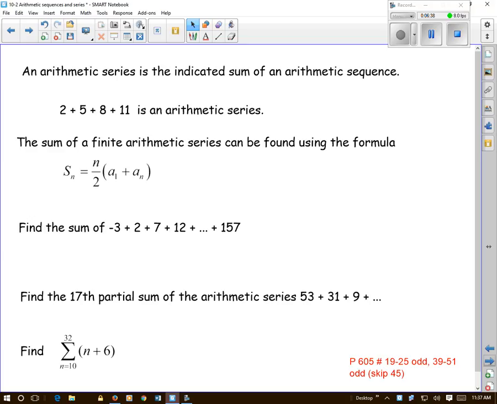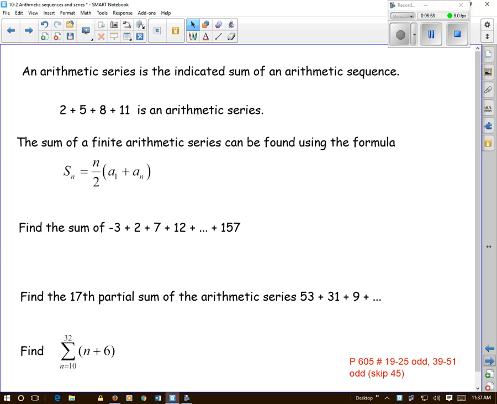Okay, an arithmetic series now. The sequence is just the list of numbers. The series is when you take all those numbers and add them together. So an arithmetic series is the indicated sum of an arithmetic sequence.